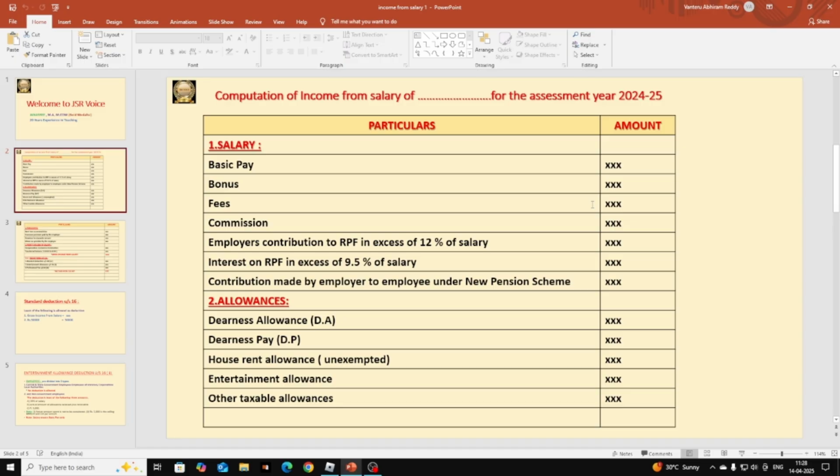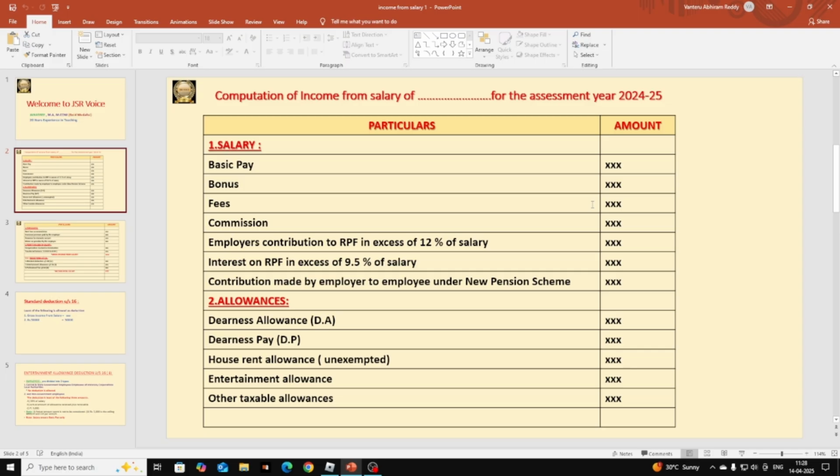Okay, so I will provide the list of fully taxable, tax-free and partly taxable allowances in another video. You can check it. So here, what are fully taxable allowances? For example, DA, dearness allowance, dearness pay, DP. And next, house rent allowance unexempted.